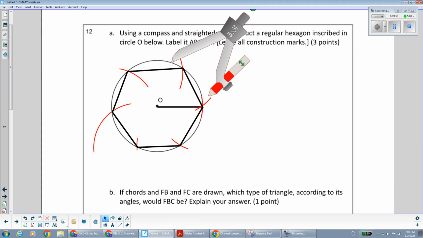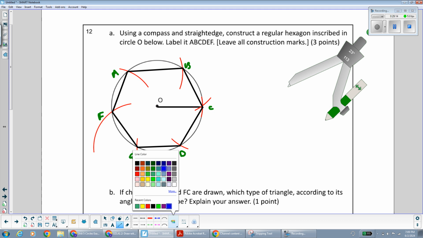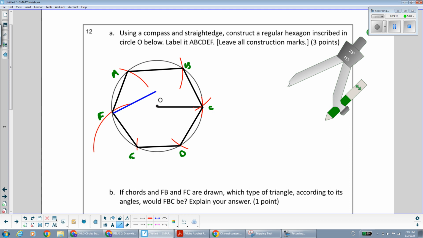In order to answer the second part, make sure to label your hexagon according to the question: A, B, C, D, E, F. And in part B, it says to connect chords FB and FC. Let me do that one more time.